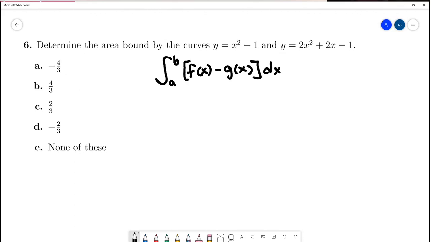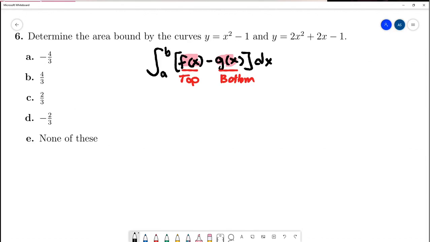This will give us the area between these two curves as long as f of x is greater than or equal to g of x. So what I like to do is start by drawing a graph of these two curves so I can decide which curve is the larger curve. f of x is going to be my top and g of x my bottom.